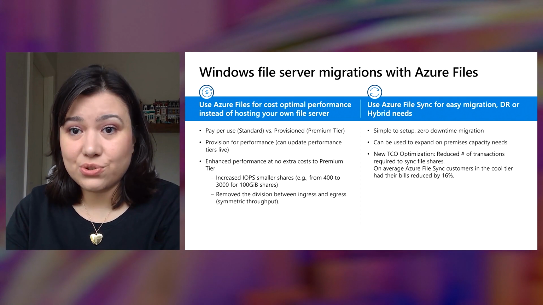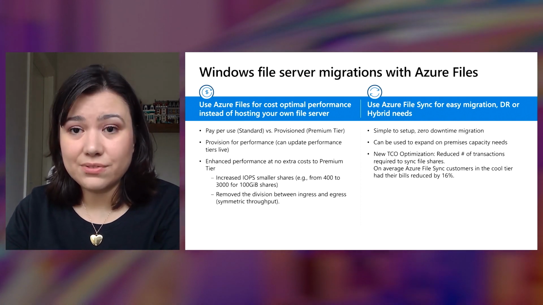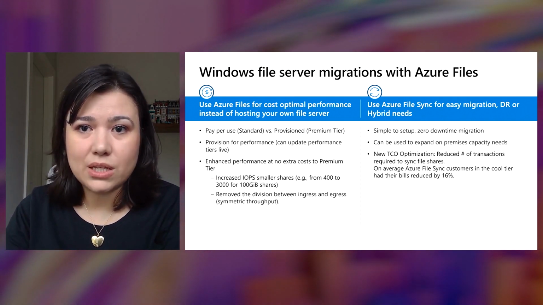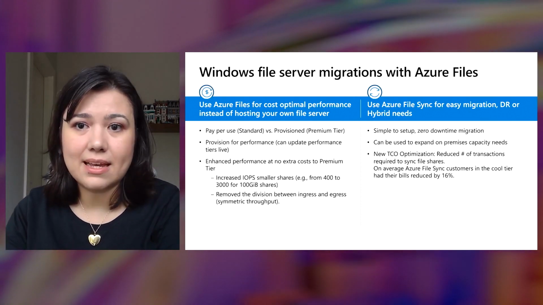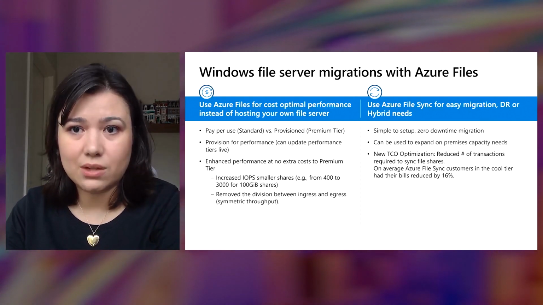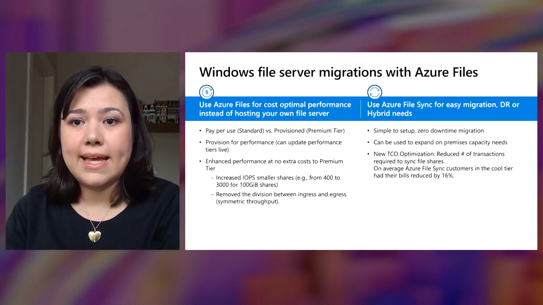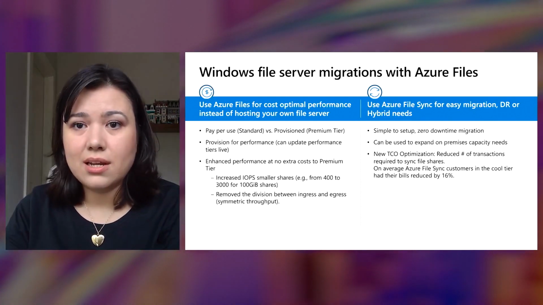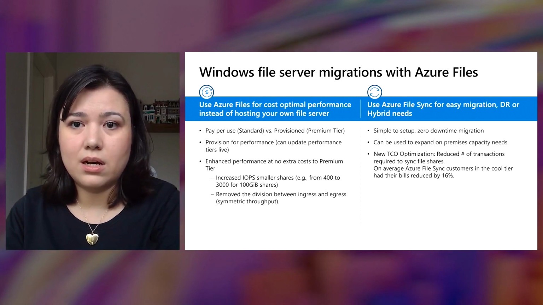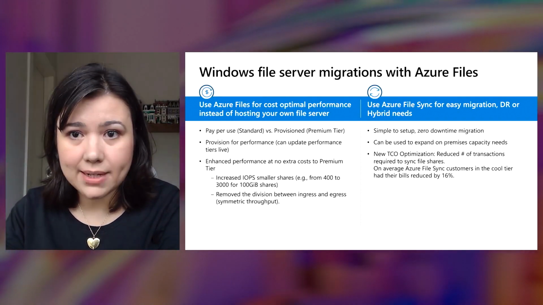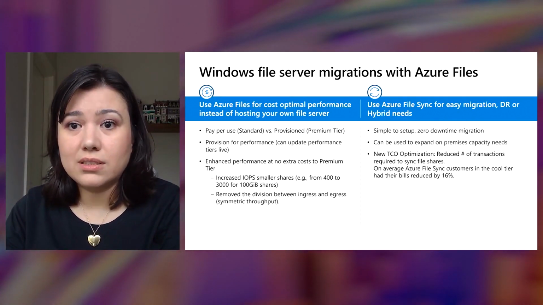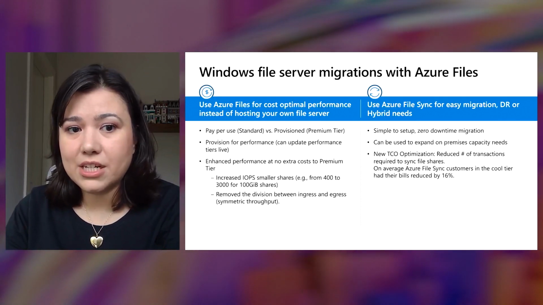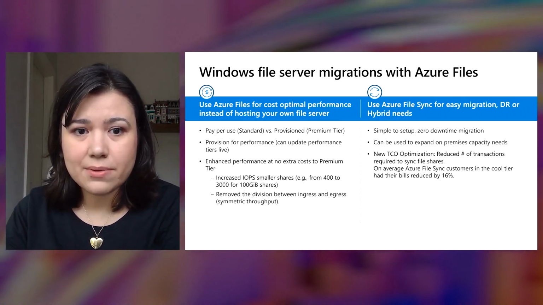Next up is Azure File Sync. If you're not familiar, Azure File Sync is something you can install on premises that can tier your storage up to the cloud through Azure Files. You can configure it to leverage Azure File Sync as a cache, and you can configure how your storage will be optimized. This is useful for DR scenarios, easy migration, or hybrid storage needs.